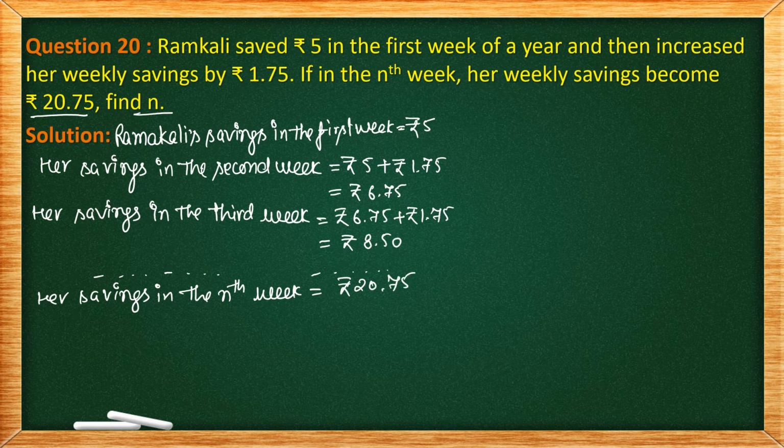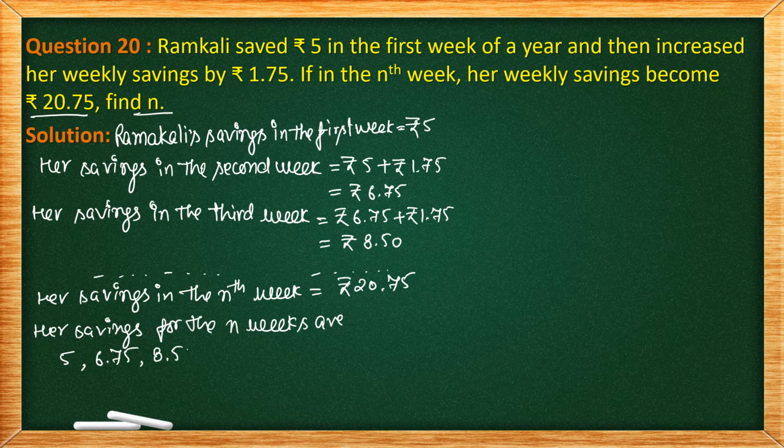In this way we can see her savings for the n weeks are 5 rupees, 6 rupees 75 paise, 8 rupees 50 paise, and so on up to 20 rupees 75 paise.